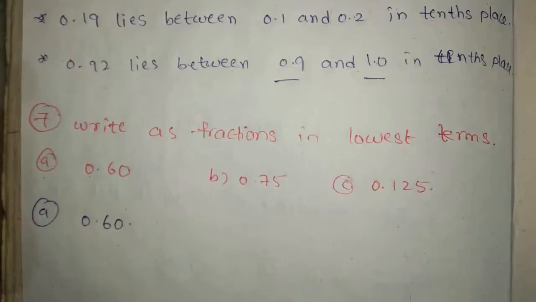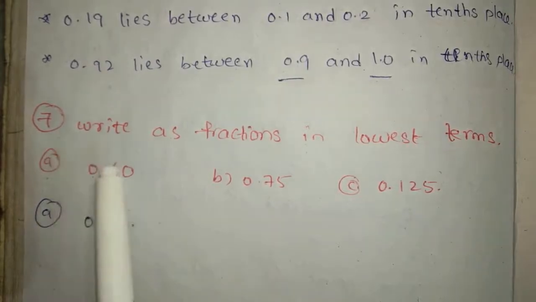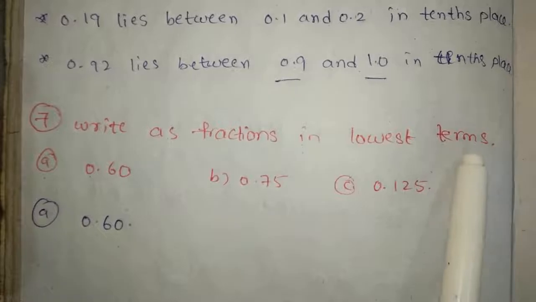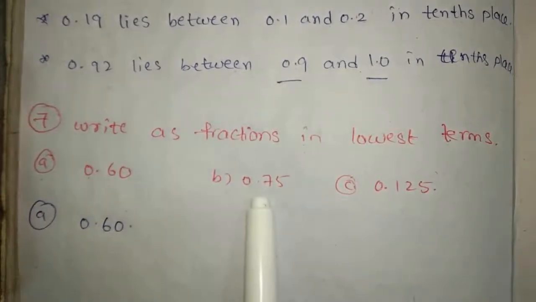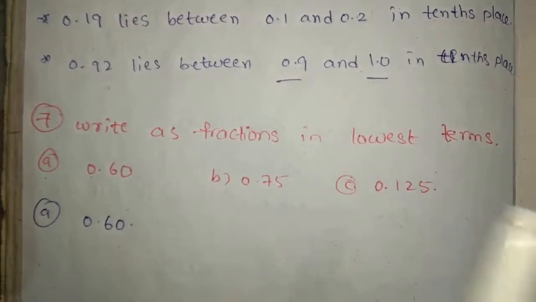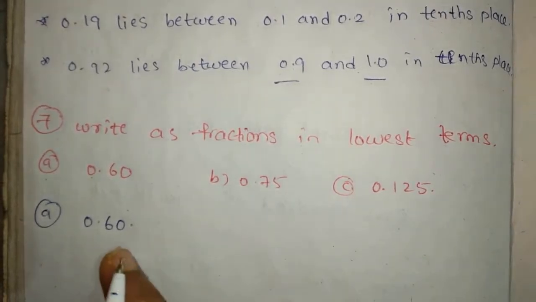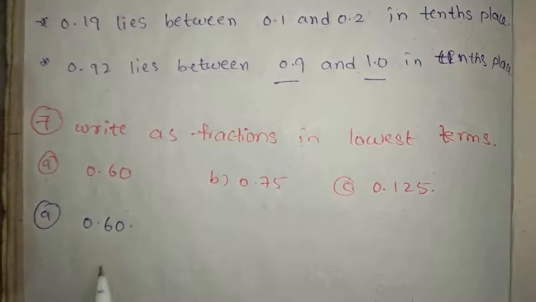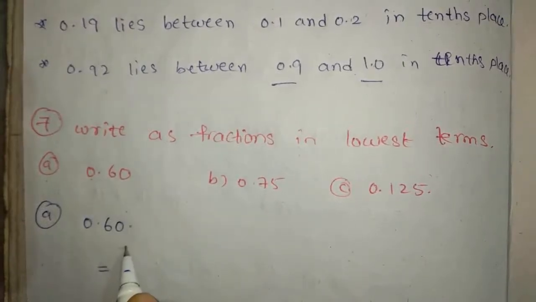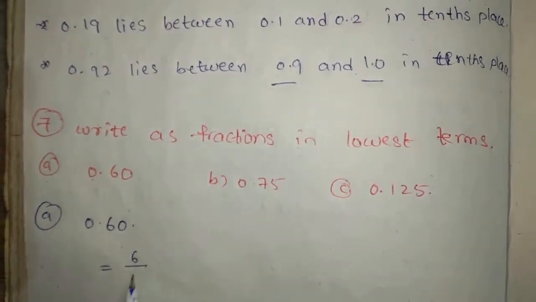Okay. Now let us see the next question, that is the 7th one. Write as fractions in lowest terms. A is 0.60, B is 0.75 and C is 0.125. Let us see the first one, A 0.60. 0.60 means 6 in the tenths place. So how many tenths? 6 tenths, that is equal to 6 by 10.